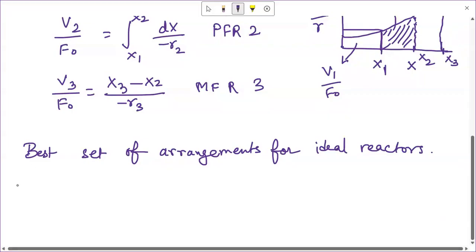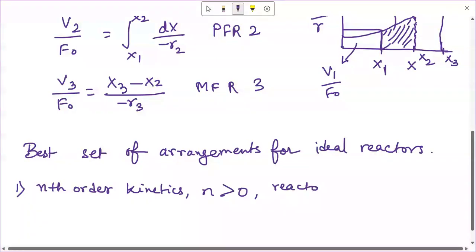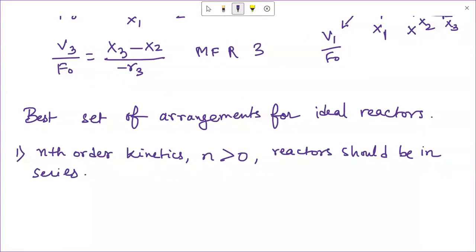The most important rule is, if you have any nth order kinetics where n is greater than 0, the reactors should be in series. This is the foremost rule.